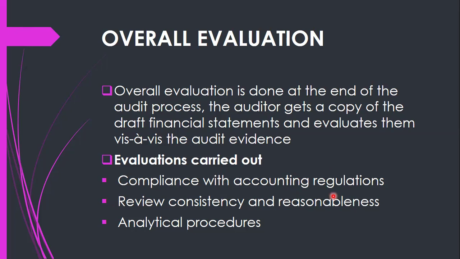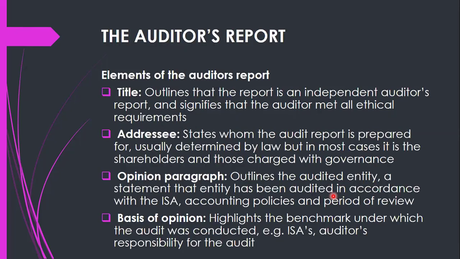Then also analytical procedures. This involves ratio analysis and all other comparative information. The auditor needs to make sure it carries out those analytical procedures at the overall evaluation, right?